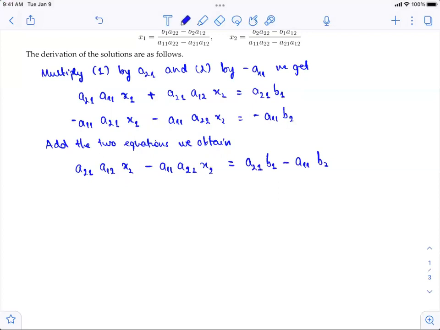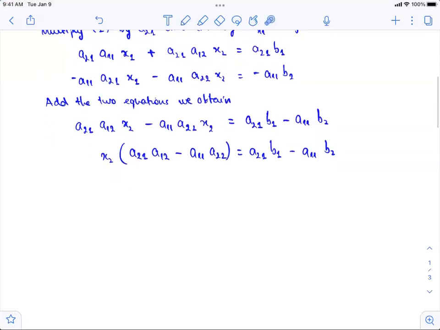On the left-hand side, you take x2 as the common factor, and you're left with x2 times (a21 times a12 minus a11 times a22) equal to a21 times b1 minus a11 times b2.